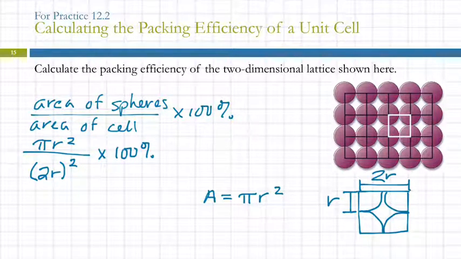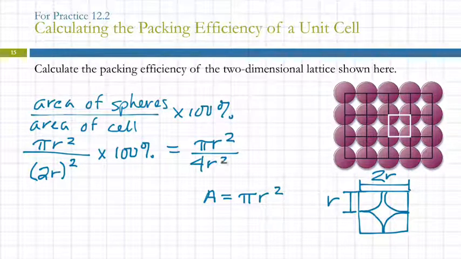And so then we just need to simplify this. So we've got pi r squared in the numerator and 4r squared in the denominator times 100. So the r squareds cancel out. We got pi, there's my pi button. Pi divided by 4 times 100. Why is it showing me that?